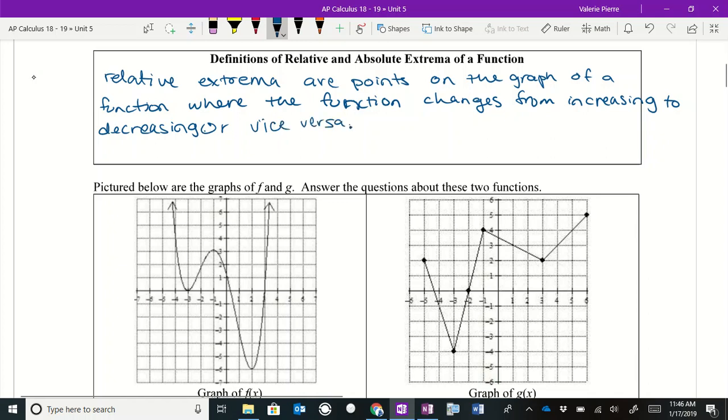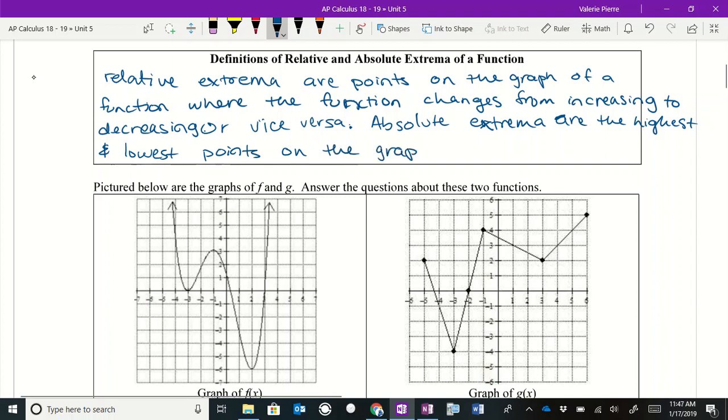An absolute extrema are the highest and lowest points on the graph of a function within an interval.